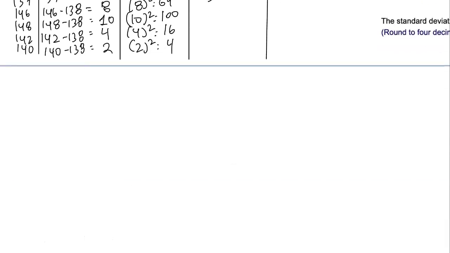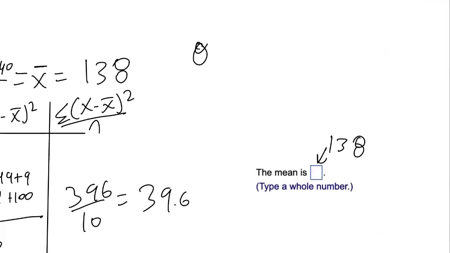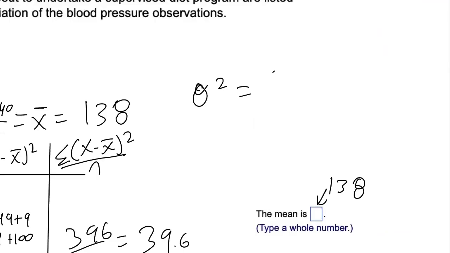So we're still not done yet. That's a sigma, a delta. We need the variance to solve for the standard deviation. So sigma squared is the variance. The variance is the summation of x minus x-bar, squared, divided by n, which is 39.6.